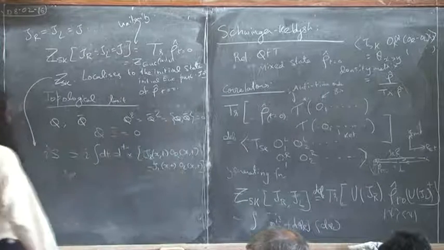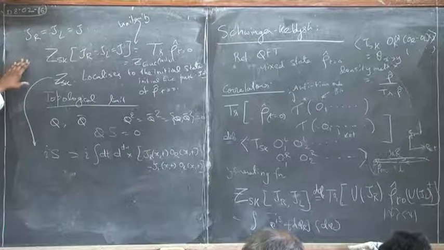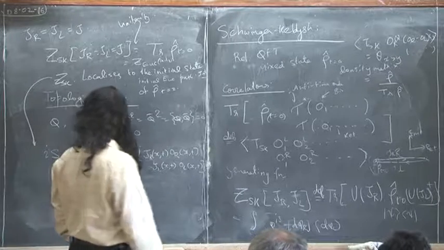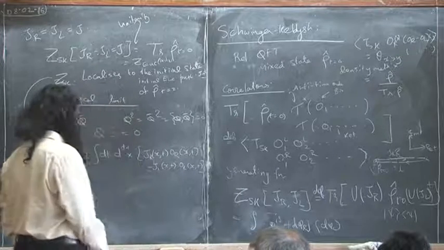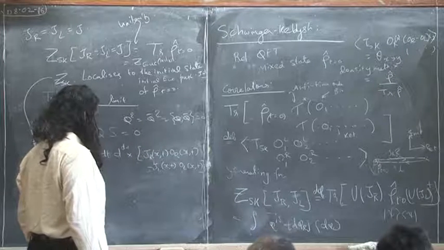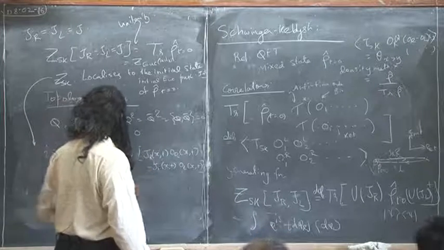Okay, so the point is, let me just say what I was saying, which is that when J_R is equal to J_L, then this path integral collapses to the Euclidean path integral, and you can ask what happens in this case.